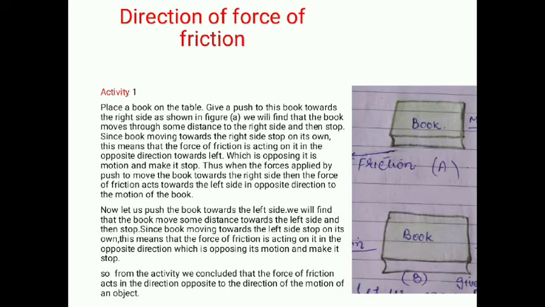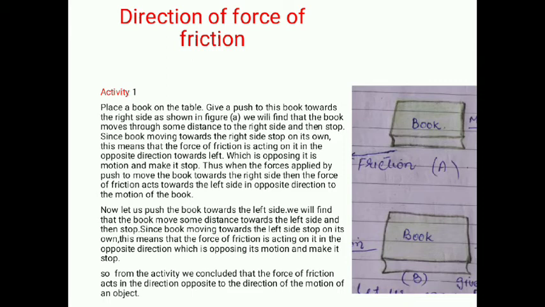Since the book moving towards the right side stops on its own, this means that the force of friction is acting on it in the opposite direction towards the left, which is opposing its push.